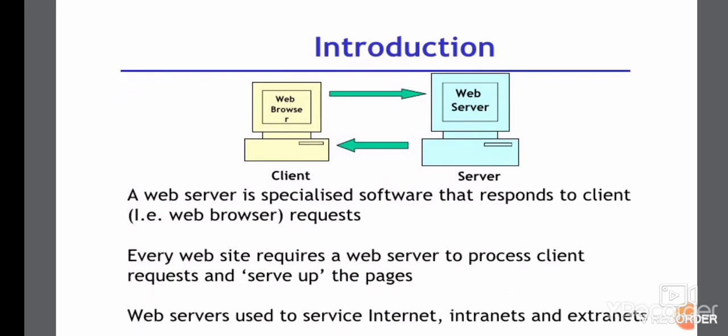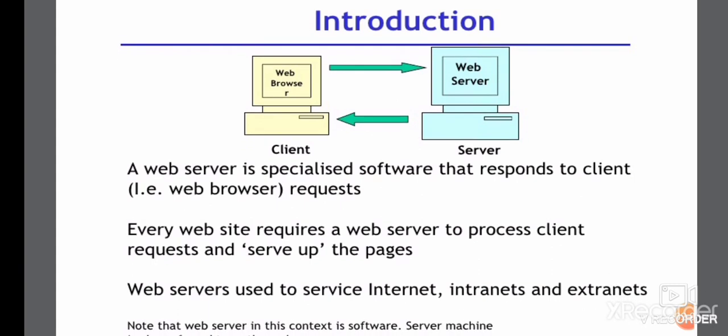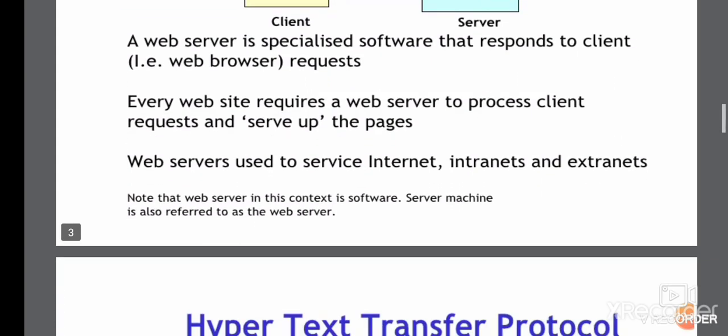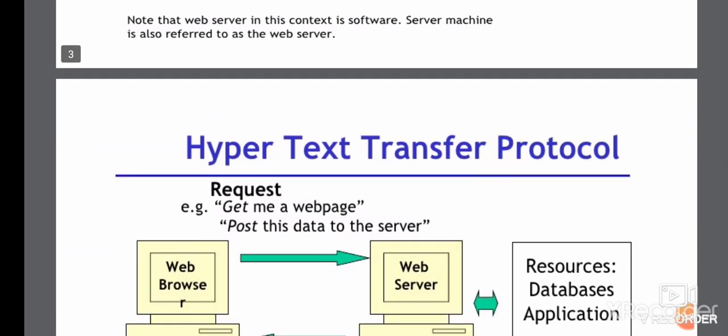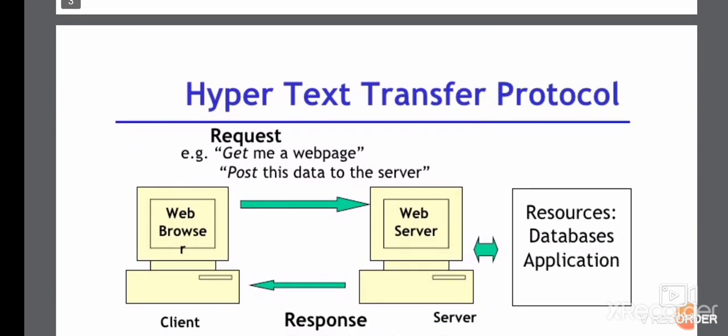So a web server is a specialized software that responds to client request. Every website requires a web server to process the client request. The web servers will make use of the services provided by the internet, intranets and extranets. Next, you have to know about the important protocol HTTP, Hypertext Transfer Protocol.